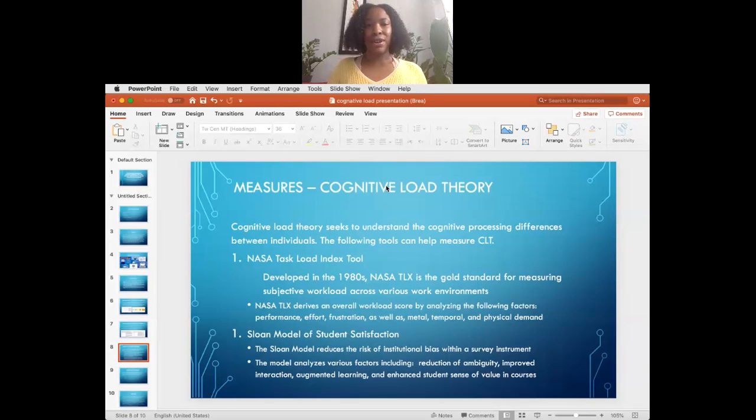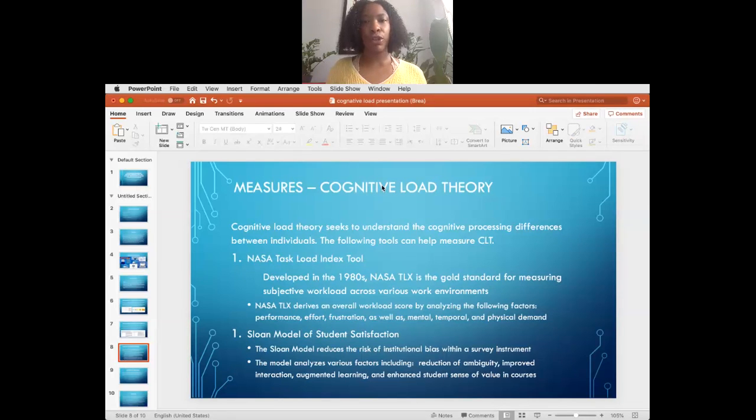This tool, developed by NASA in the 1980s, was the gold standard for measuring subjective workloads across various work environments. This measure is developed by taking the overall workload score based on a variety of factors, including performance, effort, frustration, mental, temporal, and physical demand.